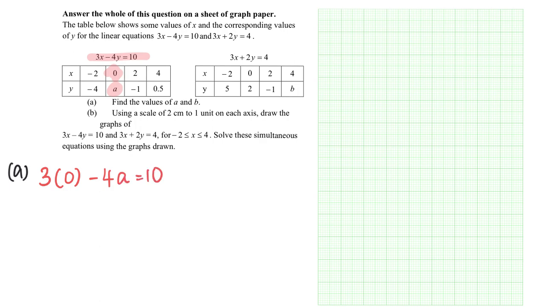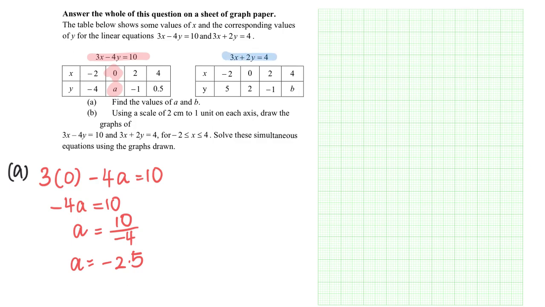So 3 times 0 is 0, so negative 4A equals to 10. Divide by negative 4 on both sides. I get my answer, negative 2.5.